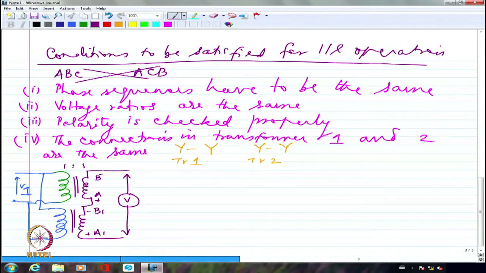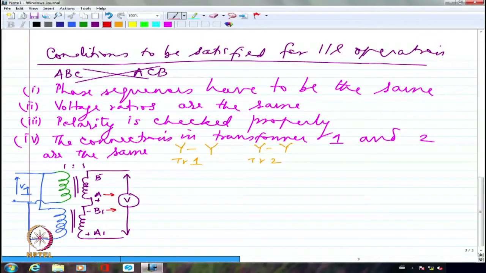So definitely I can say with conviction that these two are of different polarity. That is, whatever I have connected together, they are of different polarity. So if they are of different polarity, obviously I can't connect them together for parallel operation. So the first thing we do for parallel operation is to do polarity test.